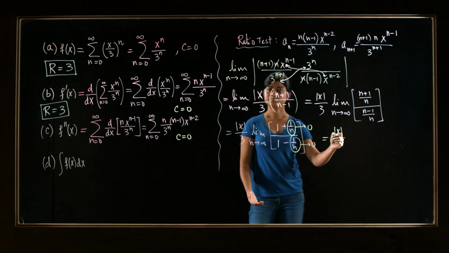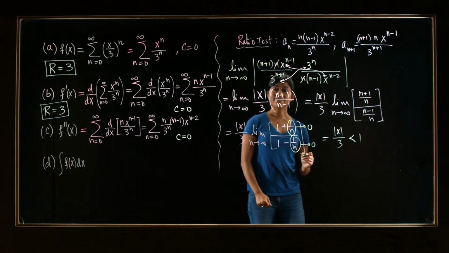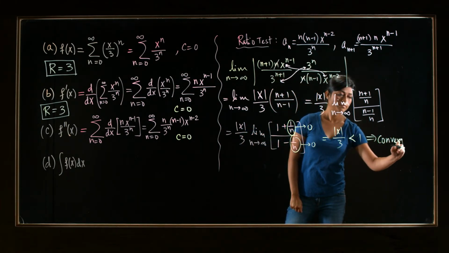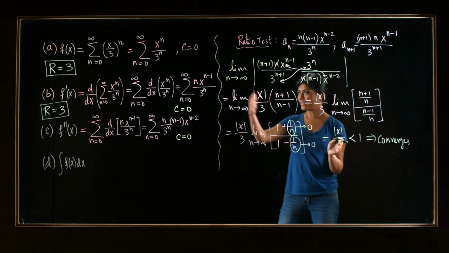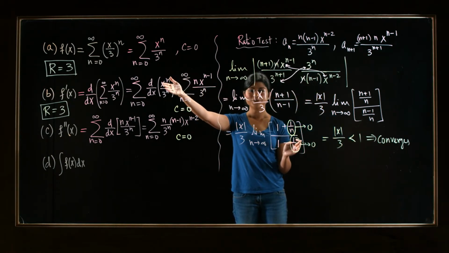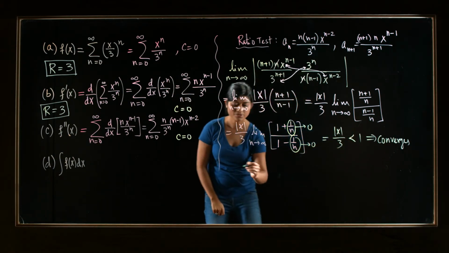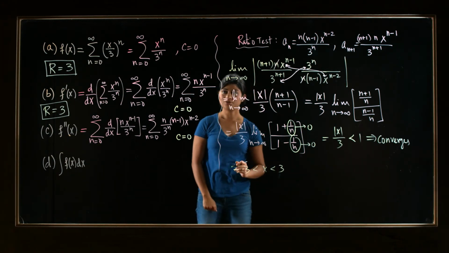So this is the limit. And the ratio test says that limit less than 1 will imply convergence. And we have seen it's the exact same limit as in the previous two videos, and absolute x over 3 less than 1. Solution is x lies between -3 and 3.